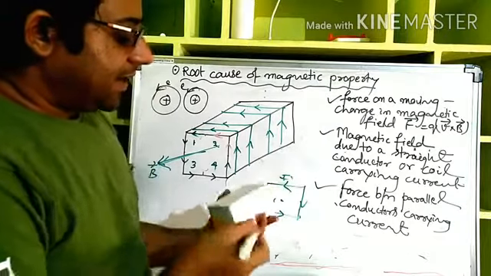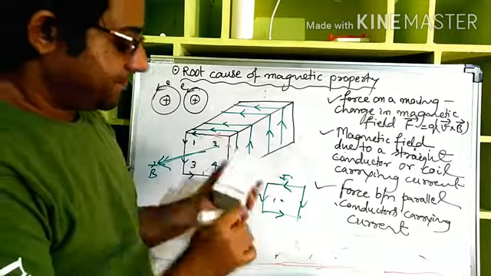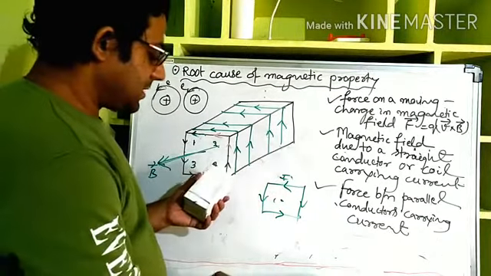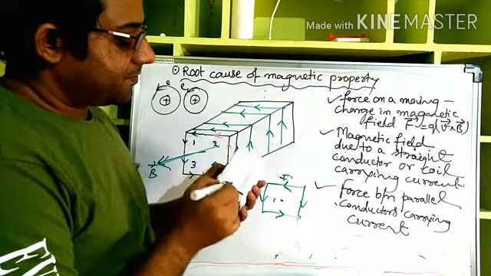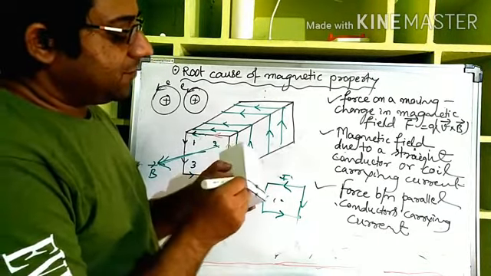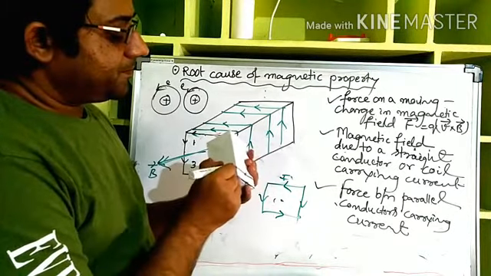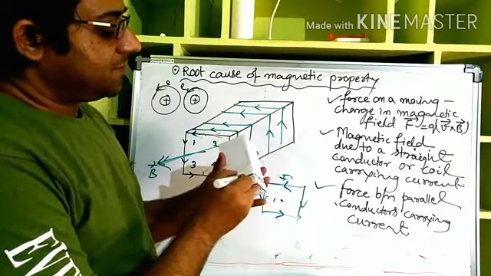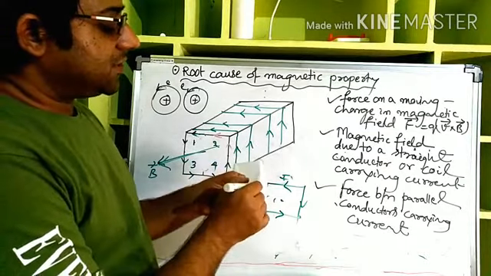So it is flowing. In the next slice, you think current is coming like this. The current will flow like this, will continue, will come like this, right?